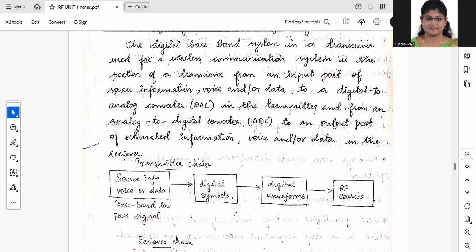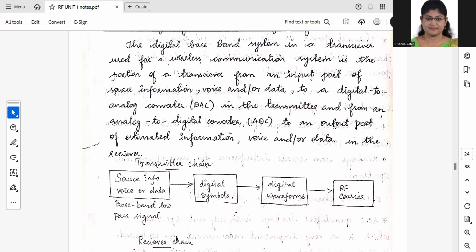We have the bit stream now, and that bit stream is converted into a signal. That is where line coding comes into the scenario. For this, we have various line coding techniques, like non-return to zero (NRZ), return to zero (RZ), and Manchester coding. All these are line coding techniques.